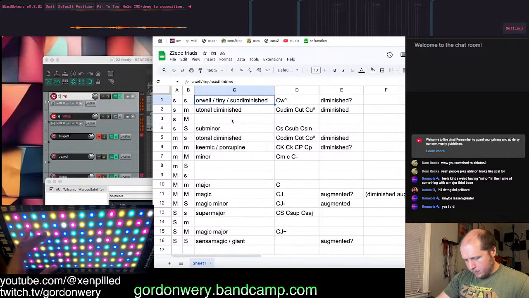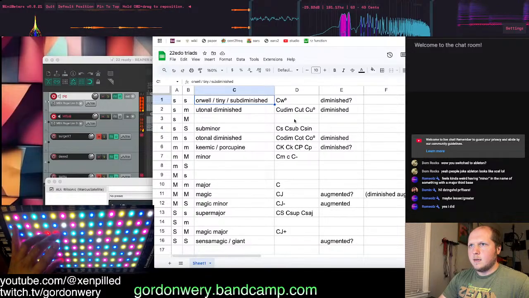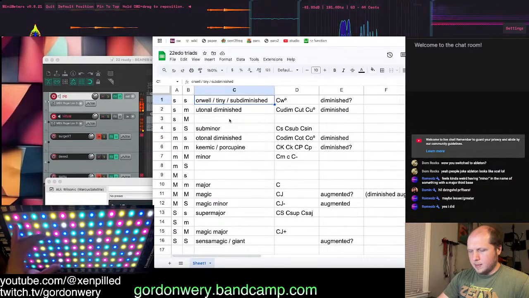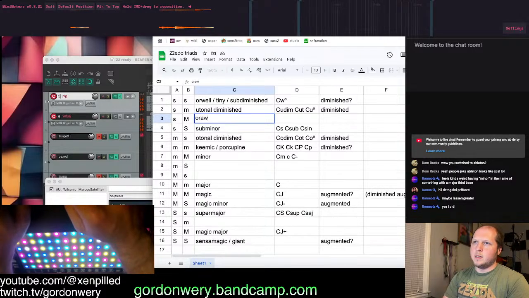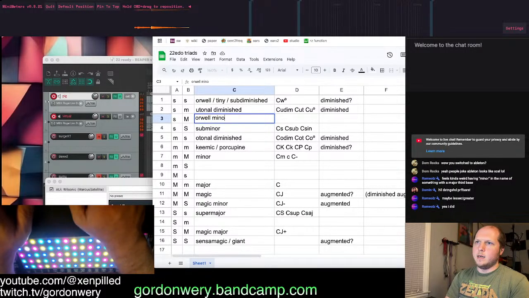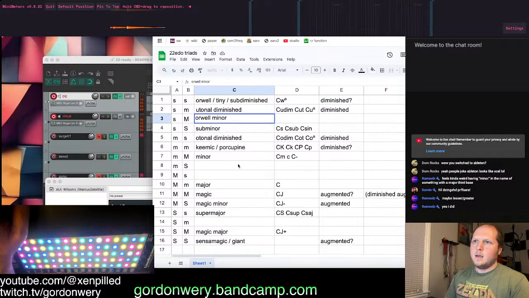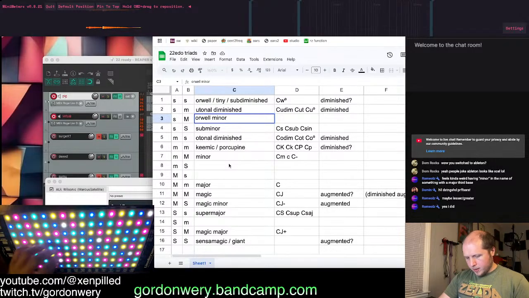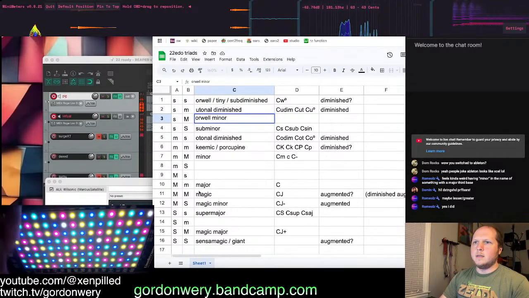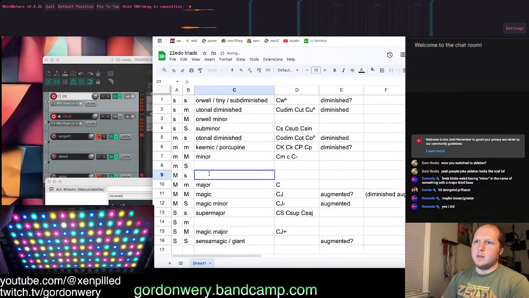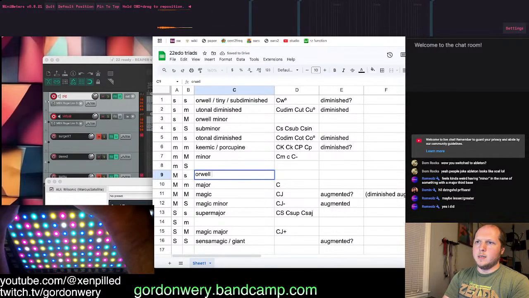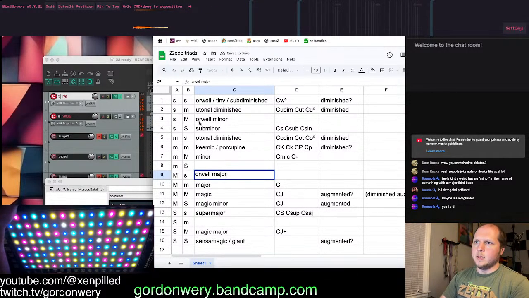This one starts with a sub minor third and then goes major third. Since that's in Orwell, I'm just calling that Orwell minor. The other one goes major third, sub minor third, and I've been calling that Orwell major. You'd probably be less opposed to these.